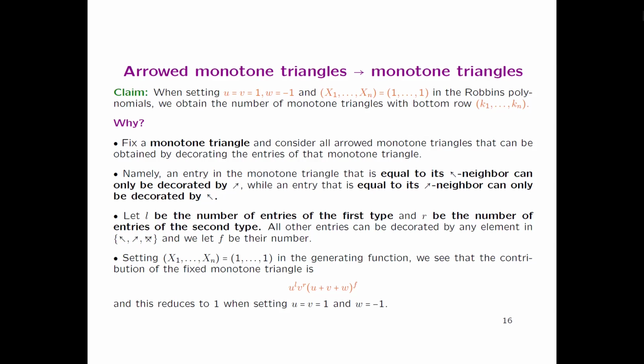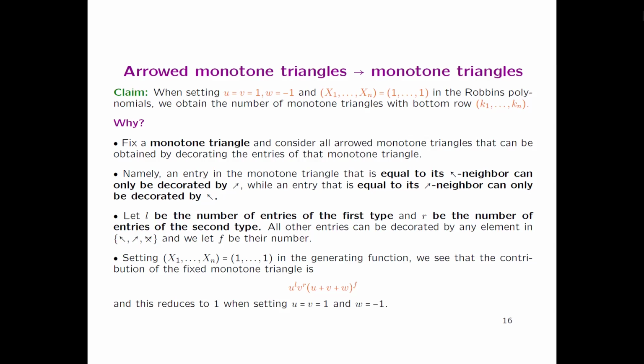And now it's an easy calculation. Let L be the number of the first type, R be the number of the second type, and F be the number of entries where you don't have such a restriction. Then the generating function of all decorations of a fixed monotone triangle is just written down here.